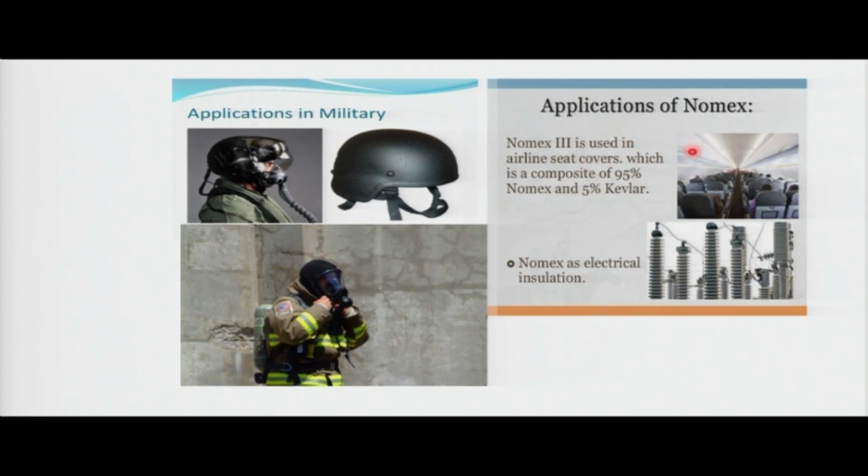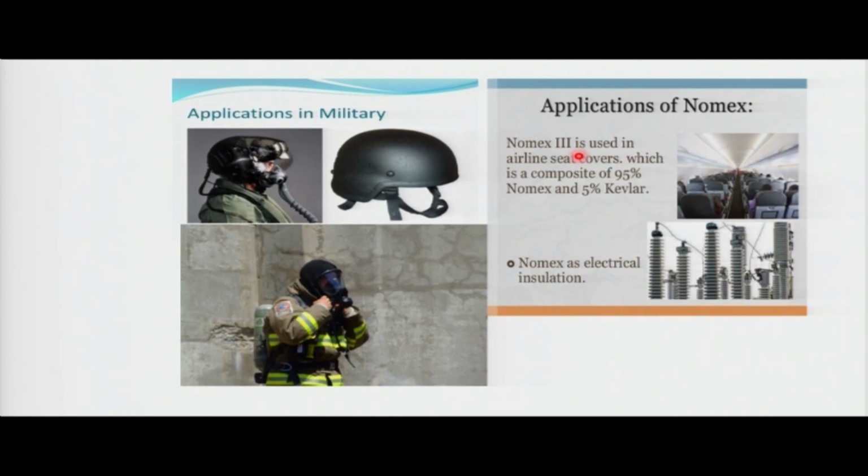And here we also have another application of Nomex. Here they say Nomex 3 is used in airline seat covers, which is a composite of 95% Nomex and 5% what? Kevlar. So you observe here, when they are making, for example, airlines, or we can say aeroplanes or helicopters, their seats can be covered with or made out of Nomex. Why?